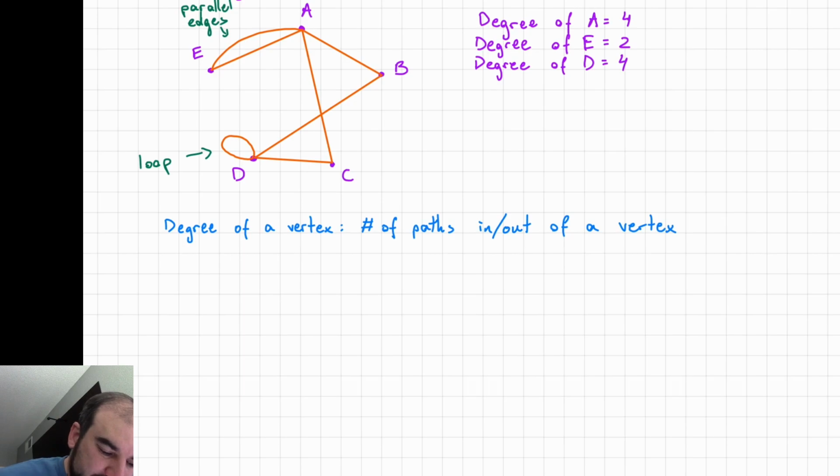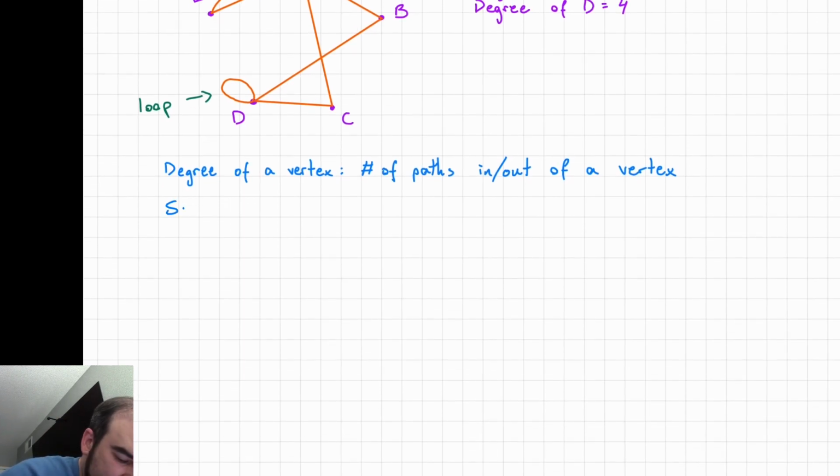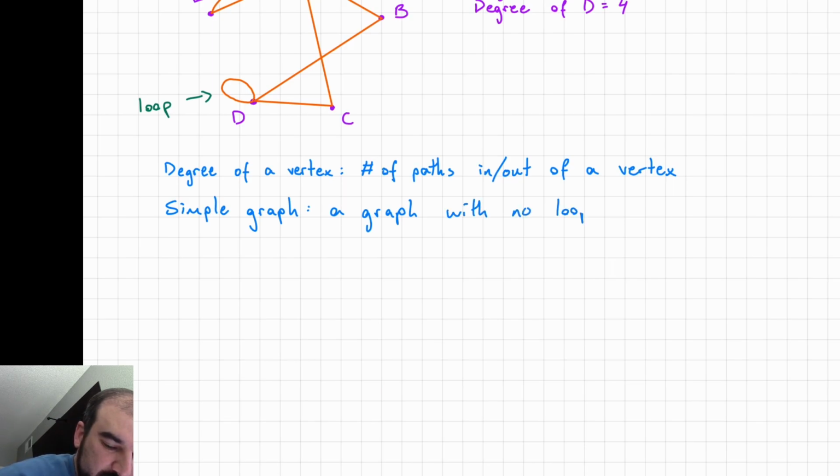We'll define a couple more things here. We'll define what a simple graph is. A simple graph is defined as a graph with no loops nor parallel edges.